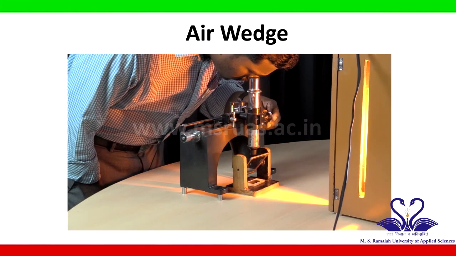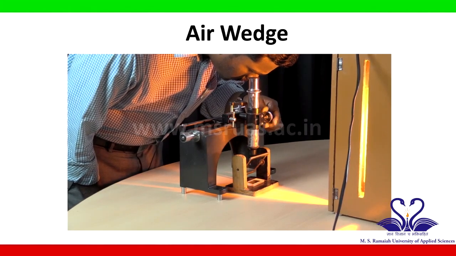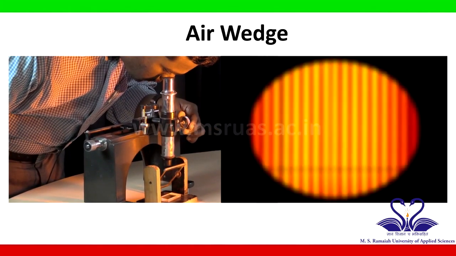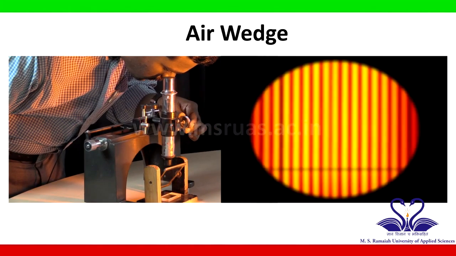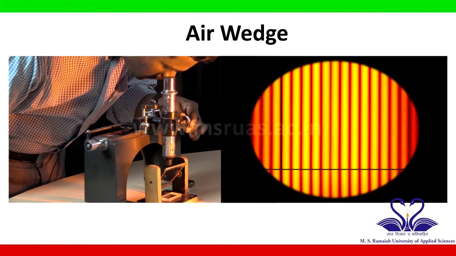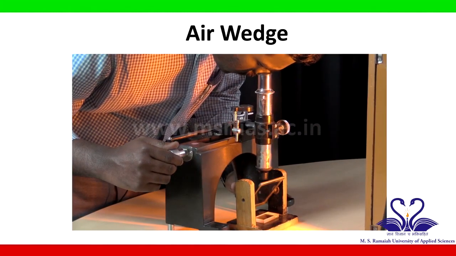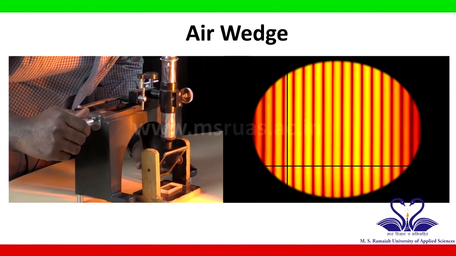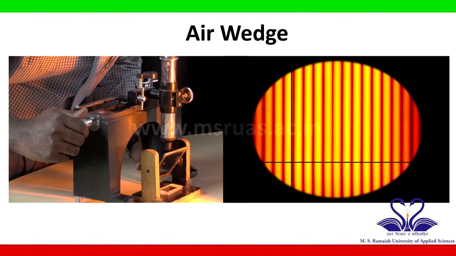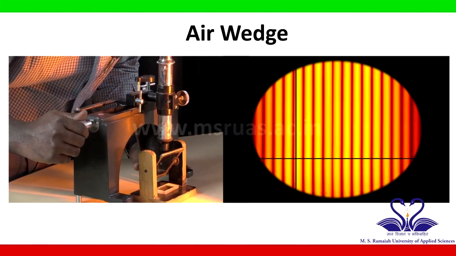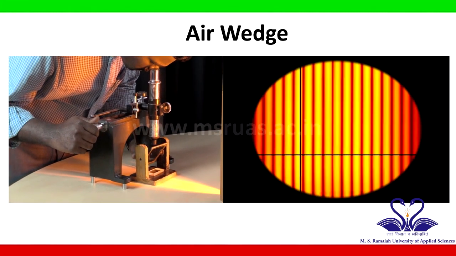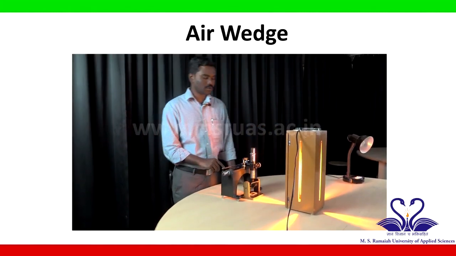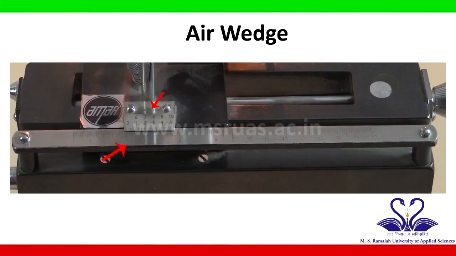Now looking through the microscope, focus the microscope till you get bright and dark linear fringes. Now looking through the microscope, rotate the drum so that the cross wire is coinciding with one of the dark fringes, that is your 0th dark fringe. Now note down the main scale division and the vernier scale division.